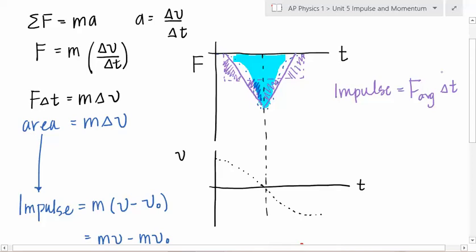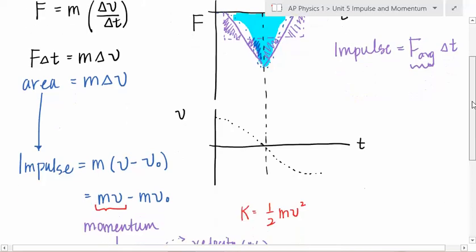Because when your force is changing, it's not the same all the time, but you could find an average, which gets you closer to the impulse, at least if you were estimating, okay? So that's why I put the average subscript in there.